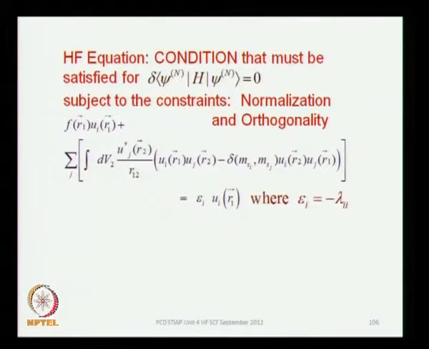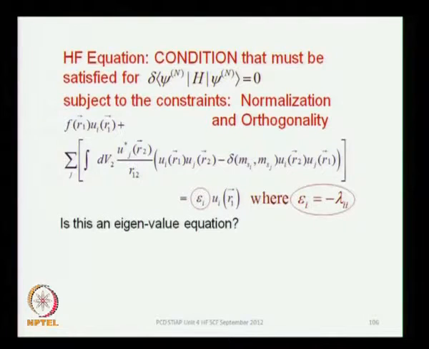There are a couple of questions that we raised toward the end of the previous class. We asked if this is an eigenvalue problem. It has some resemblance to an eigenvalue problem, so we need to study this in some detail.